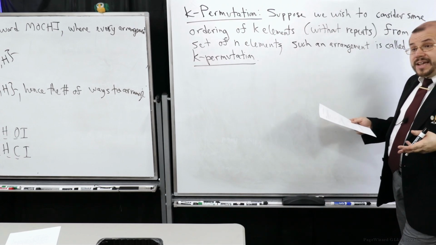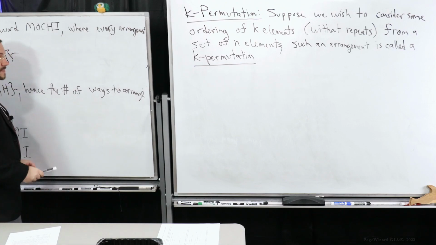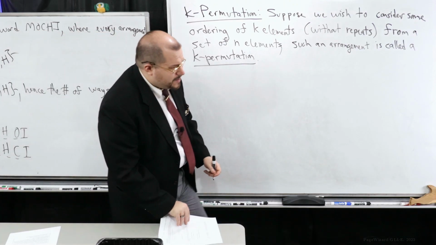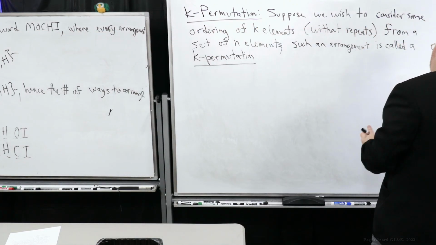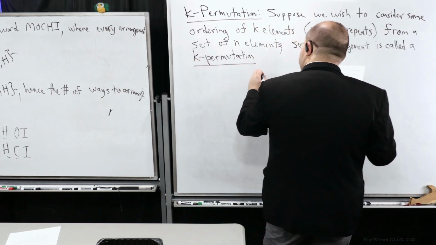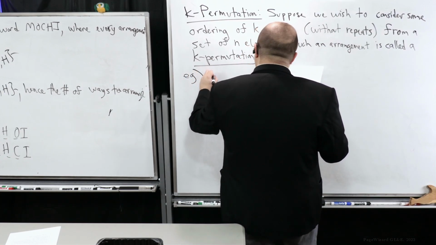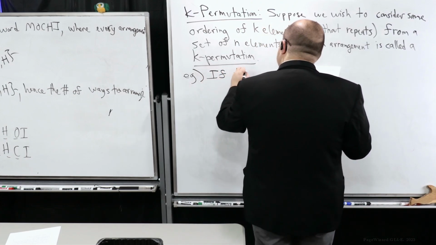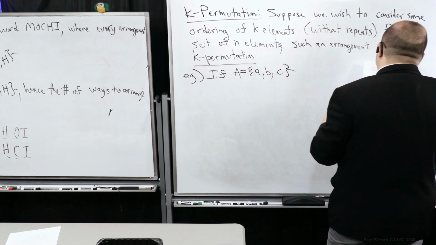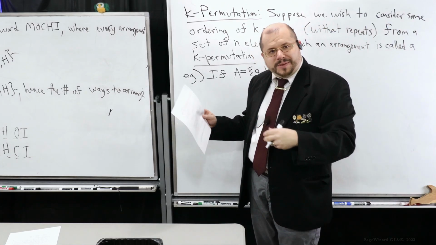So just to give you an example of what I'm talking about here, let's do the example. For example, if A is the set A, B, and C, so I have 3 elements, namely A, B, and C. I deliberately chose this example so that you can compare it against some of the other definitions that we had.